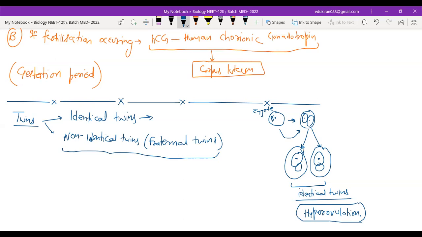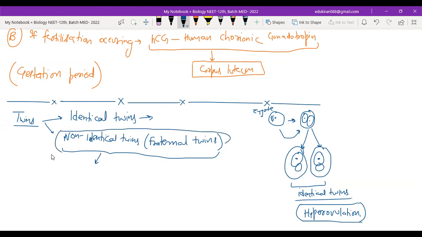In that case, every ovum will have a different genotype, right? Yeah. In the case of non-identical twins, nothing is the same. They both could be boys, they both could be girls. One can be a boy, one can be a girl, and they don't look the same. They have different genotypes and different phenotypes, and can have different sexes as well. So this is due to a reproductive disorder.